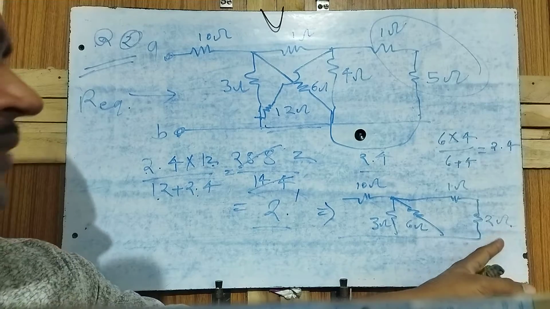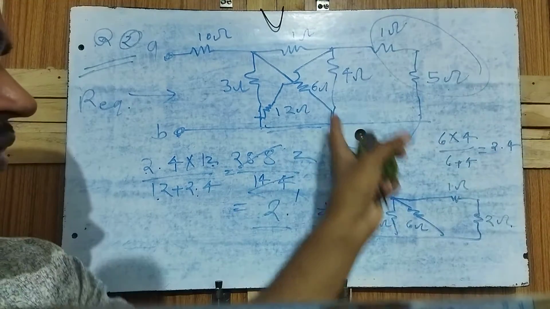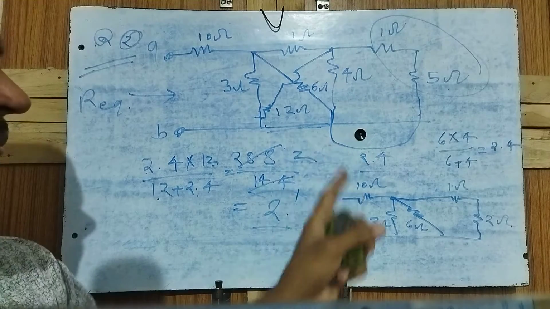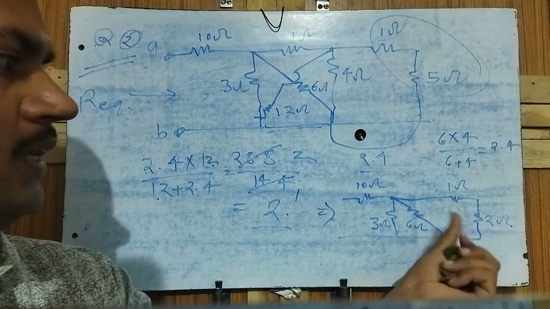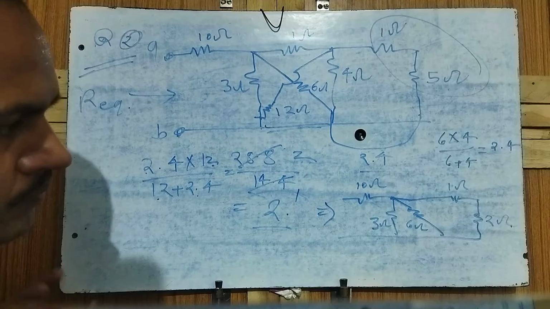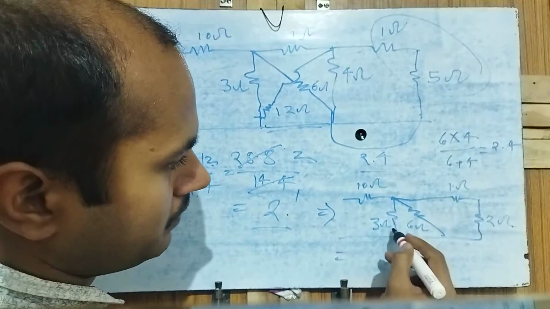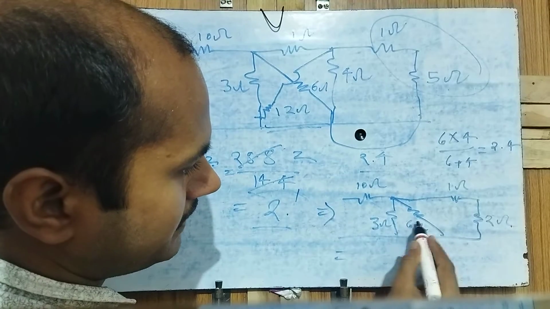This total was 2.4 parallel to 12 ohm, that is 2. 2 and 1 in series is 3. 3 and 6 parallel, and then again parallel 3.